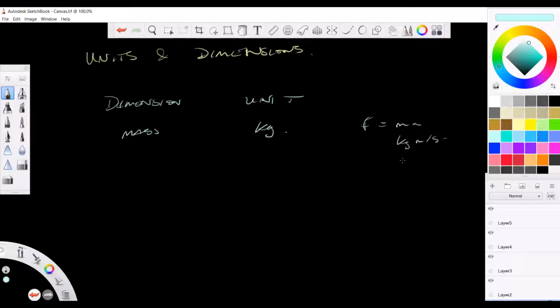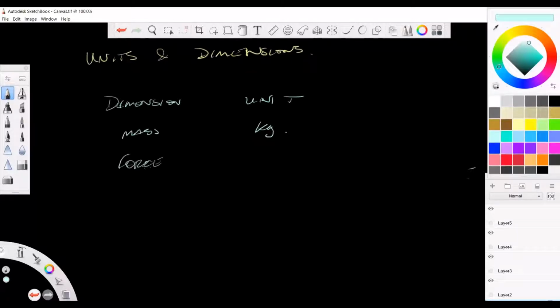So that would be mass times length divided by time squared, the dimensions of force. So it's not as simple and straightforward as that. However, from our point of view, the difference doesn't really matter. We can fake it. This isn't real physics. This doesn't work properly. But force acts like a dimension.